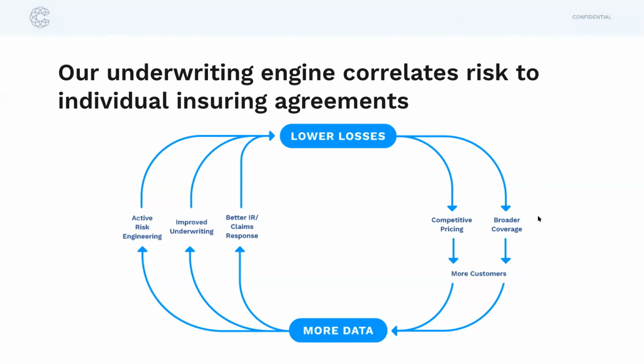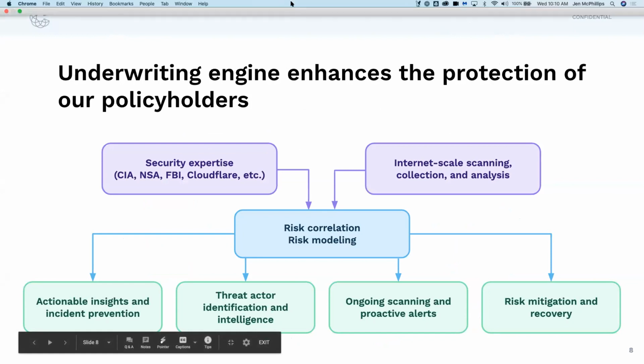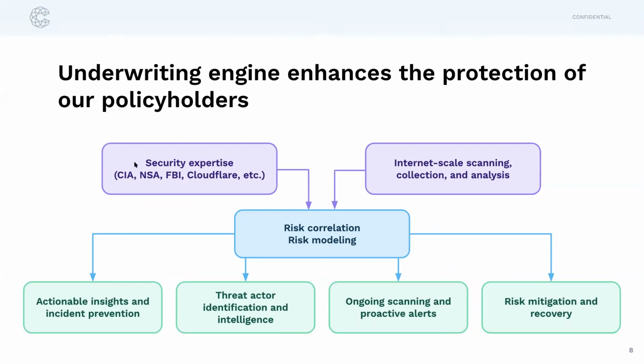On the next slide, I attempt to display this in a slightly different fashion, to describe the value this provides to policyholders. As many of you are aware, 65% of Coalition's employees are in the engineering space, with profound security expertise from the government as well as security providers throughout the country. Couple that with all of the data collection efforts that we're going to show you in a minute.